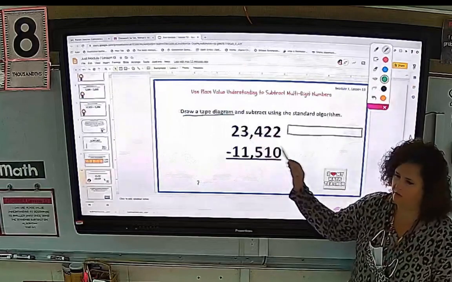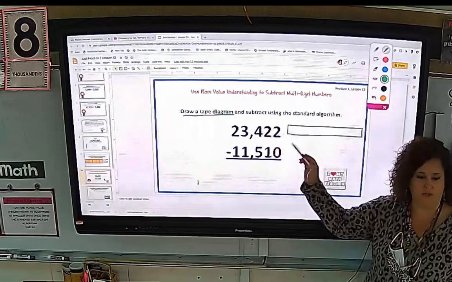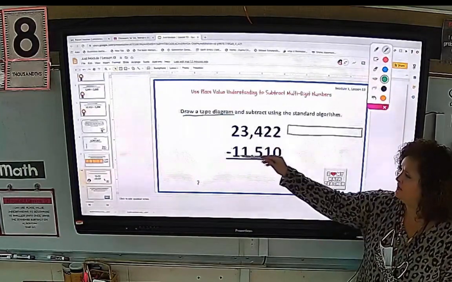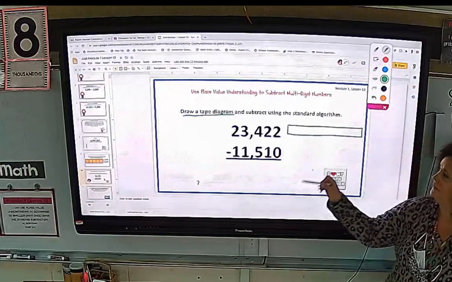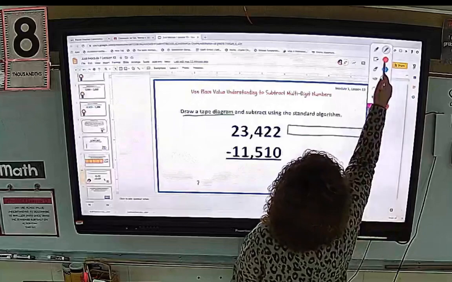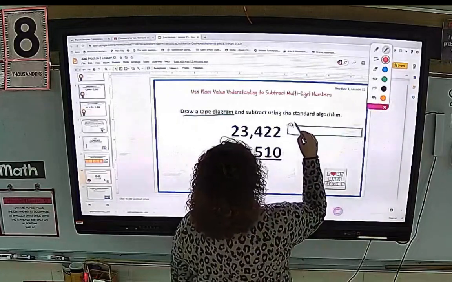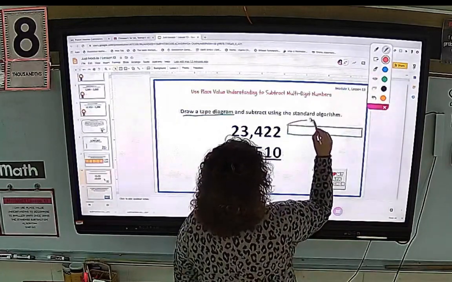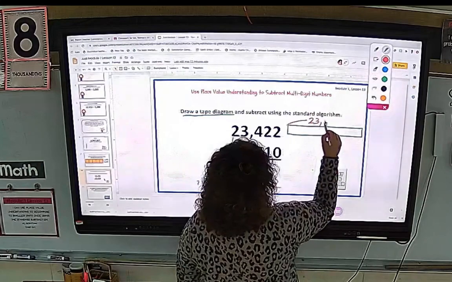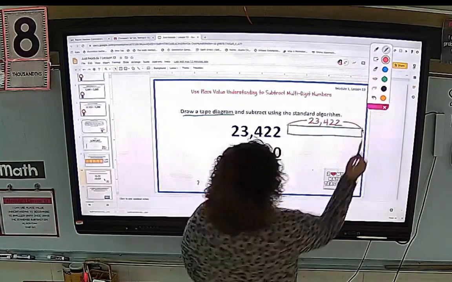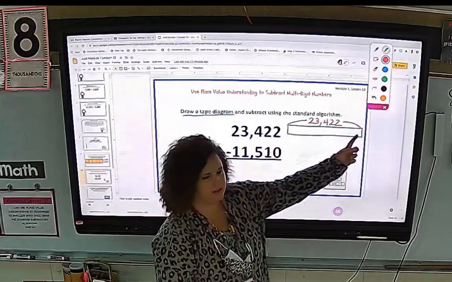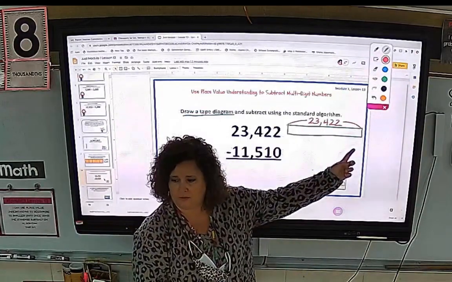Guys, this is our total, 23,422, and this is one of the pieces. We're going to take this piece away and see what piece we've got left. So our whole tape diagram, you're not drawing anything right now. This whole thing is 23,422. From this side all the way to this side. Do you see that? Please put the top on your marker and lay it down.